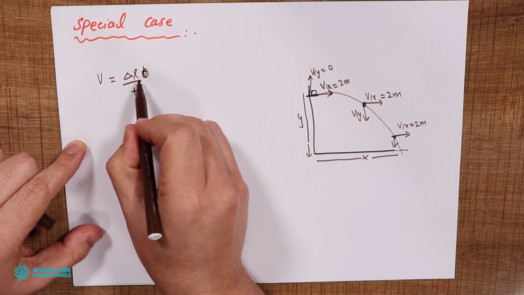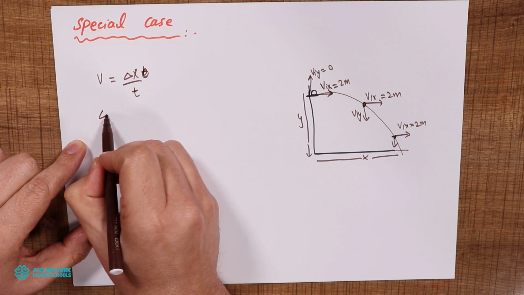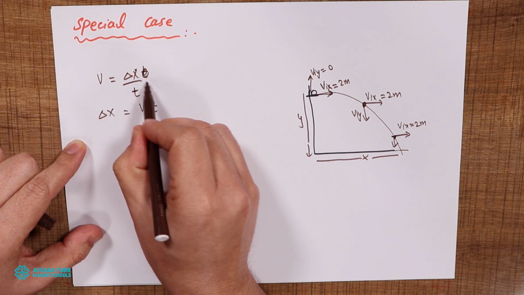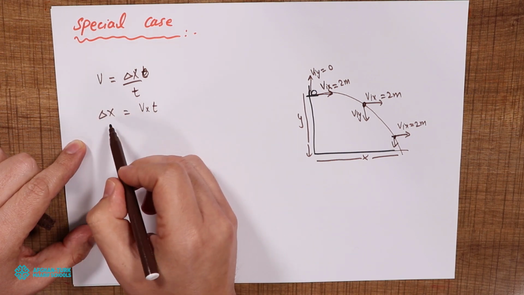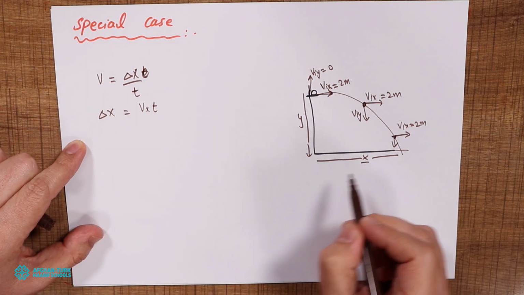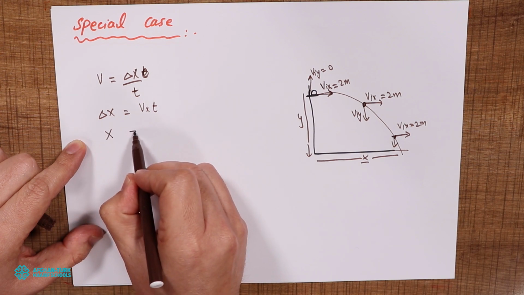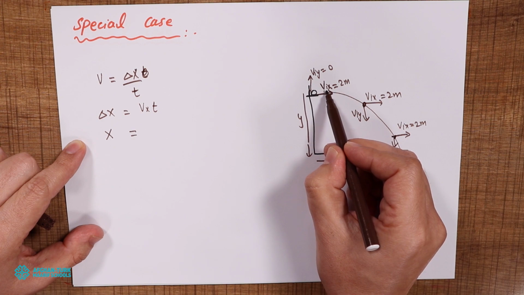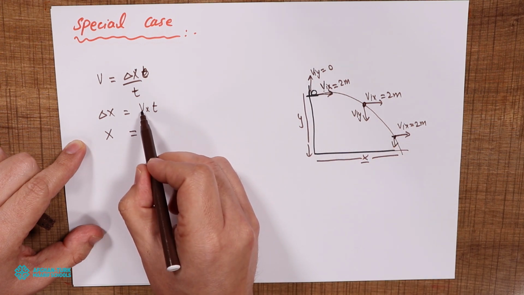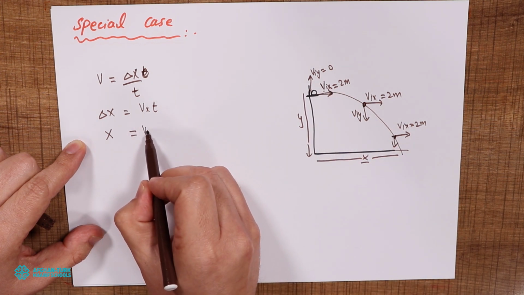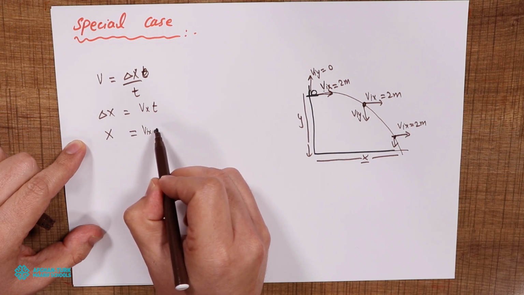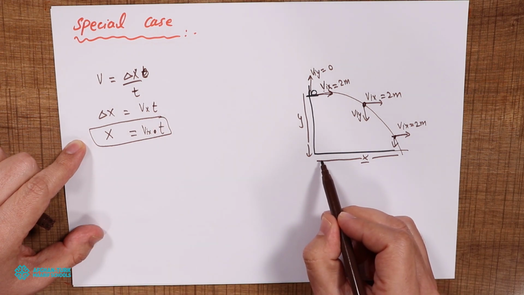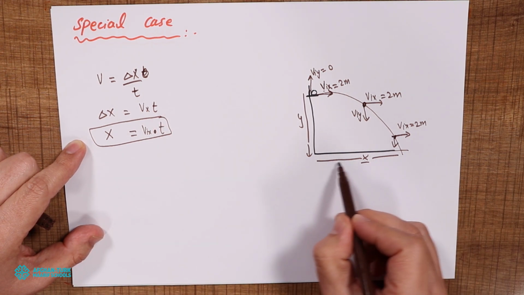So I can also write this equation as delta x equals v multiplied by t, if we multiply both sides by t. Here this x or displacement we can denote with x, and the initial velocity on the horizontal side we will denote vix. So instead of v we can write vix multiplied by time. We can use this equation to find the distance on the horizontal side.